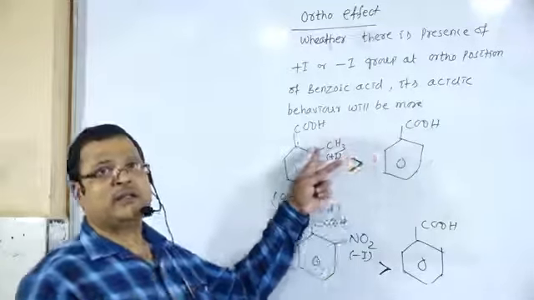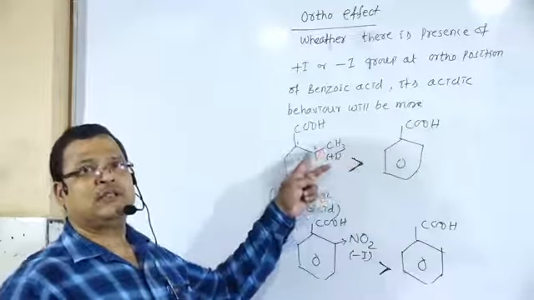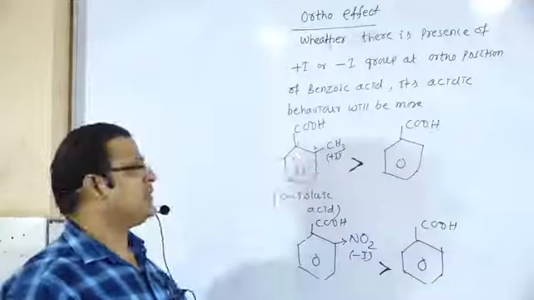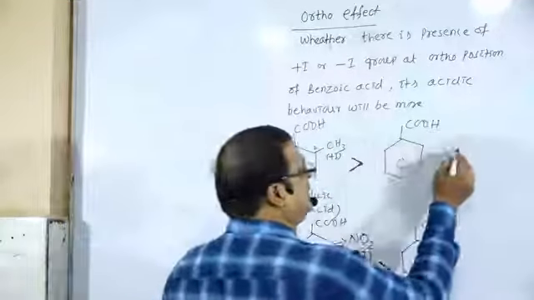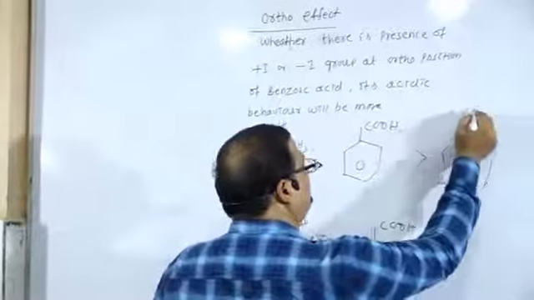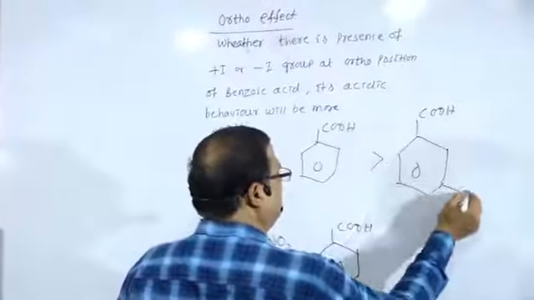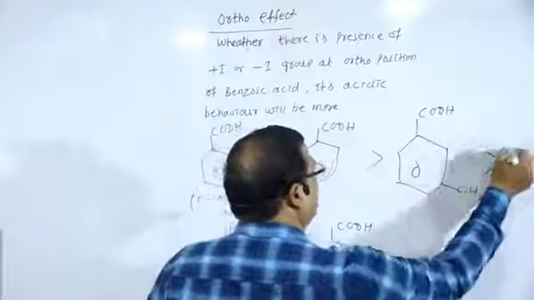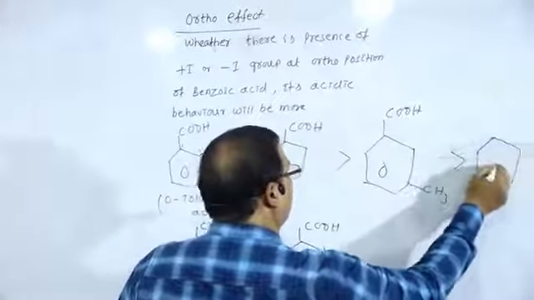So because of all these reasons, o-toluic acid is more acidic as compared to benzoic acid, although there is the presence of a plus I group, because it is present at the ortho position. It is greater than m-toluic acid, CH3, which is greater than p-toluic acid.